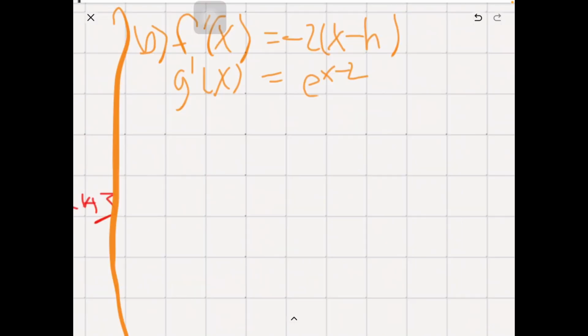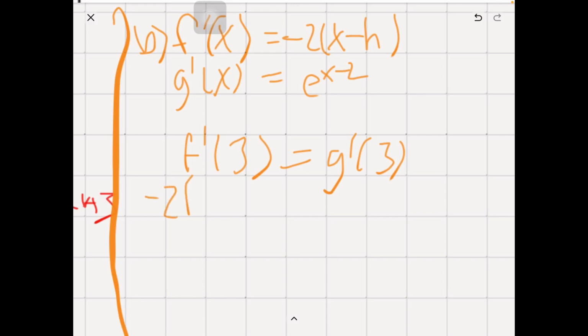So now we continue. But we have to be careful here. It's not that the derivatives are equal to each other all the time. They are only equal to each other because there's a common tangent. So here we have to say that f primed at 3 is equal to g primed at 3. Let's plug in 3 and solve for h.